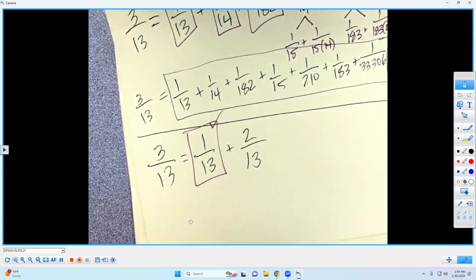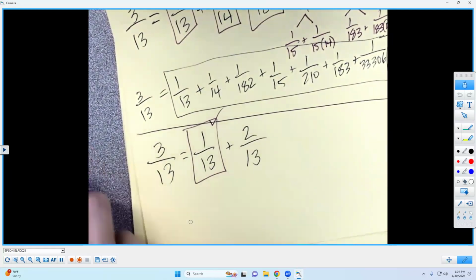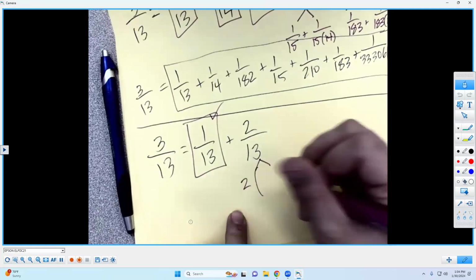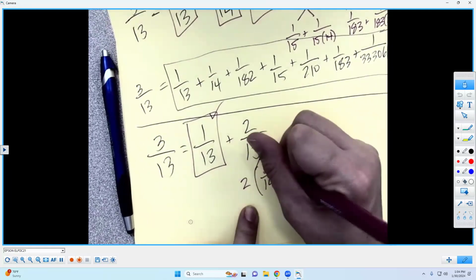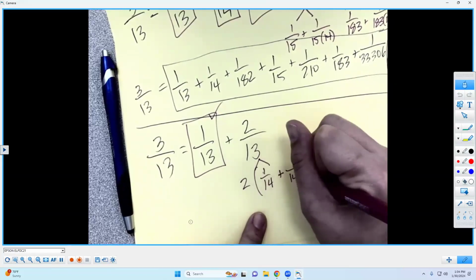Okay. So when I go to break this apart, this now becomes a 2 on the outside with 1/14 plus 1/14 times 13.